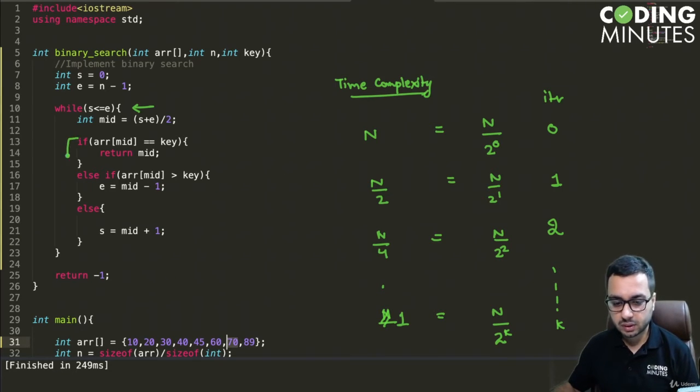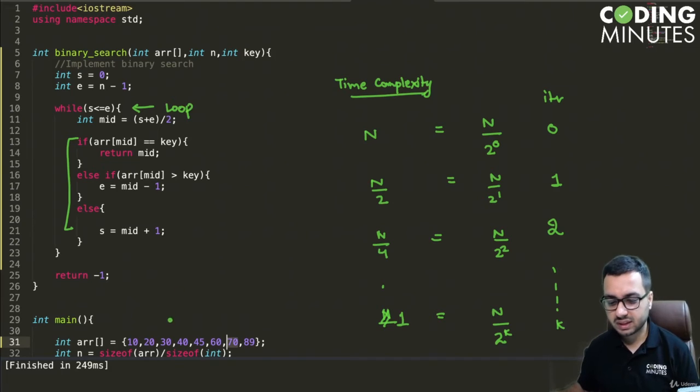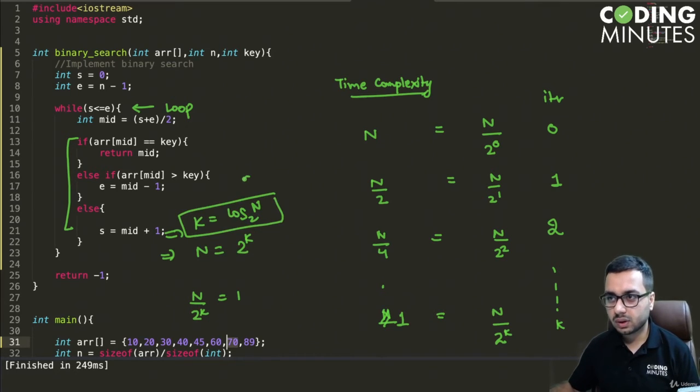We are doing constant work inside, which does not depend upon the value of n, but the loop depends upon n. So n by 2 raised to the power k equals 1. That means n is equal to 2 raised to the power k, and k is equal to log of n.